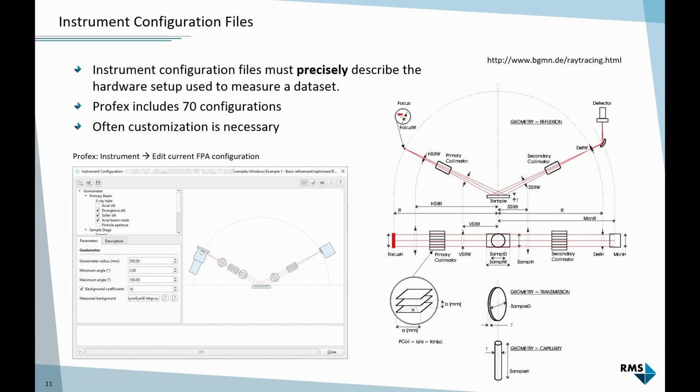But meanwhile, I implemented a graphical instrument editor in Profex, and you can access it if you go to Instrument, Edit Current FPA Configuration. It will open the configuration we use in example 1 in this editor, and you can browse it and click through it and see how I described the RMS D8 instrument.